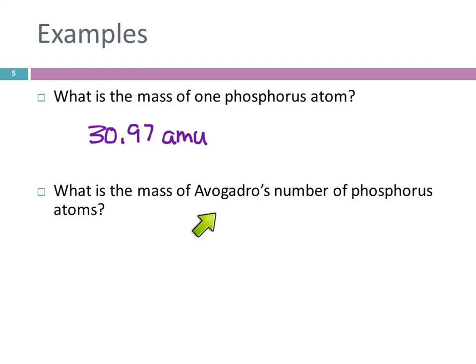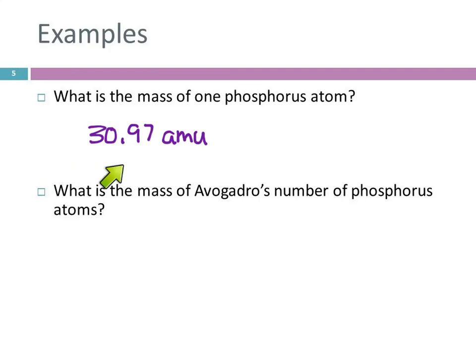What if we have Avogadro's number of phosphorus atoms? For carbon, one atom was 12.01 atomic mass units. Avogadro's number was chosen so that Avogadro's number of carbon atoms would weigh the same number, but in grams. And it works for all of the elements.